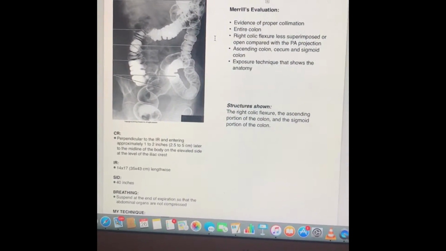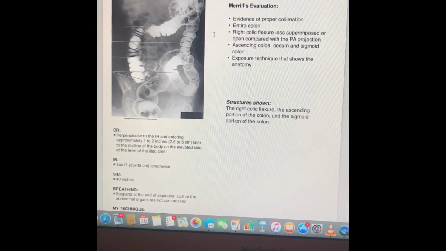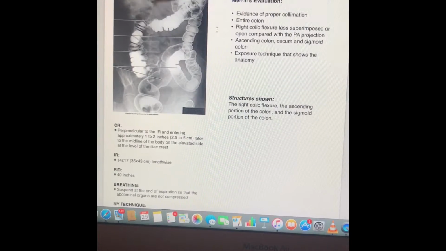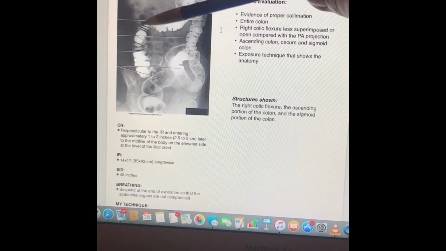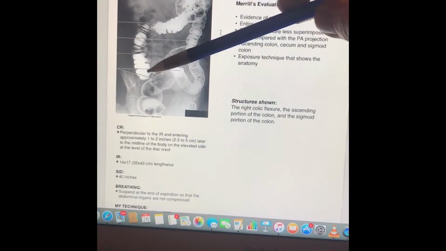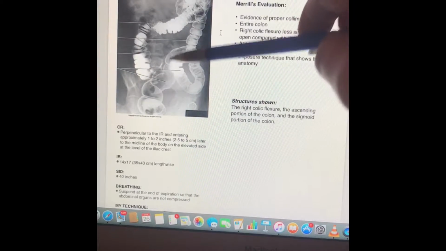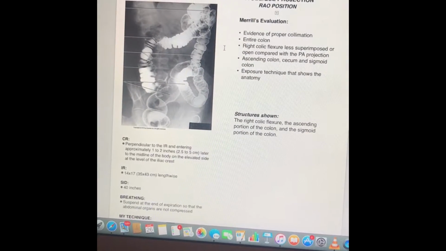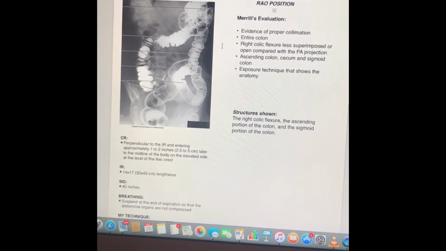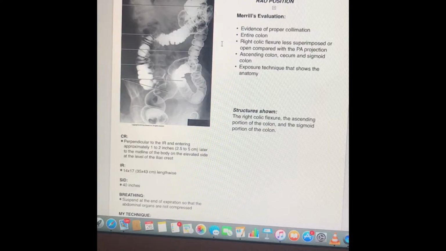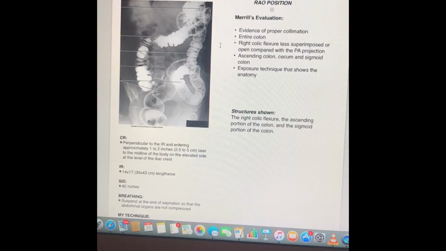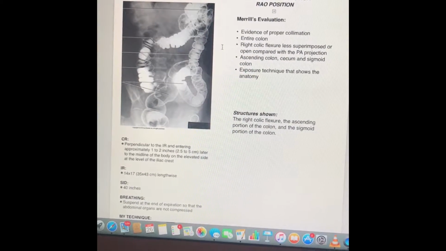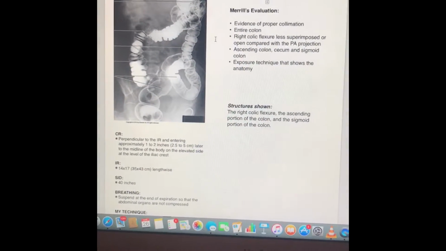Structures shown on this projection are the right colic flexure, the ascending portion of the colon, and the sigmoid portion of the colon. My CR for this was perpendicular to the IR and entering approximately 1 to 2 inches lateral to the midline of the body on the elevated side at the level of the iliac crest.